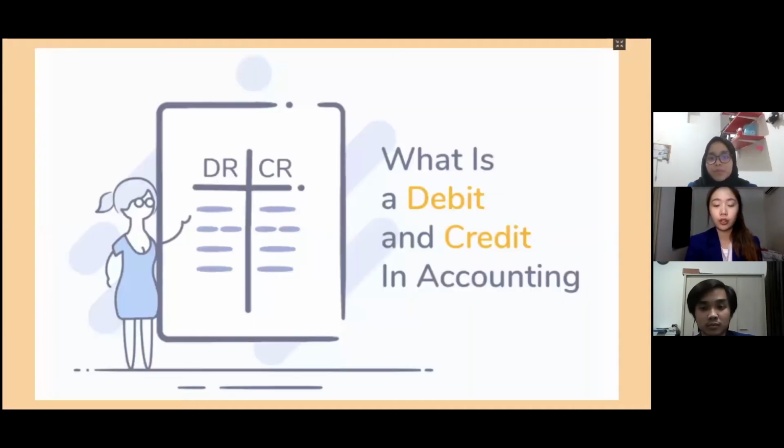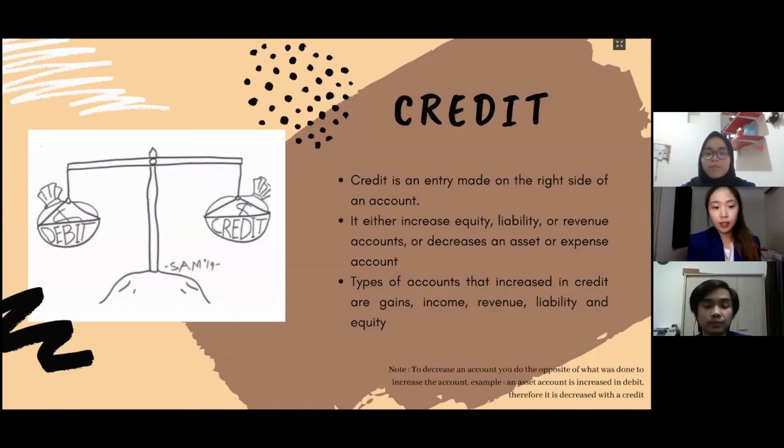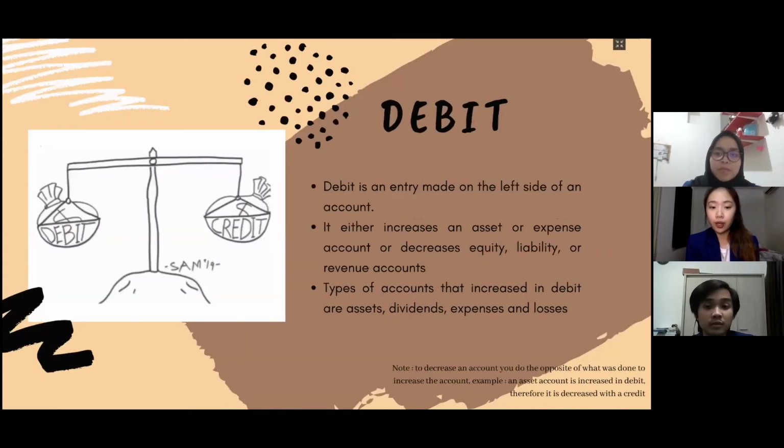Okay, next we're going to talk about debit and credit in accounting. So the first one is debit. Debit is an entry made on the left side of an account. It either increases an asset or expense account or decreases equity, liability, or revenue accounts.